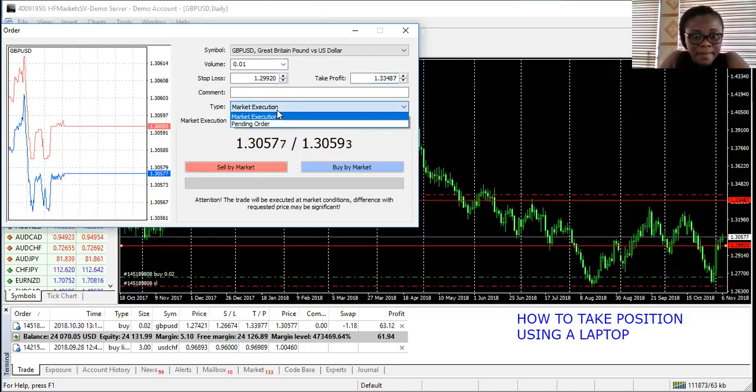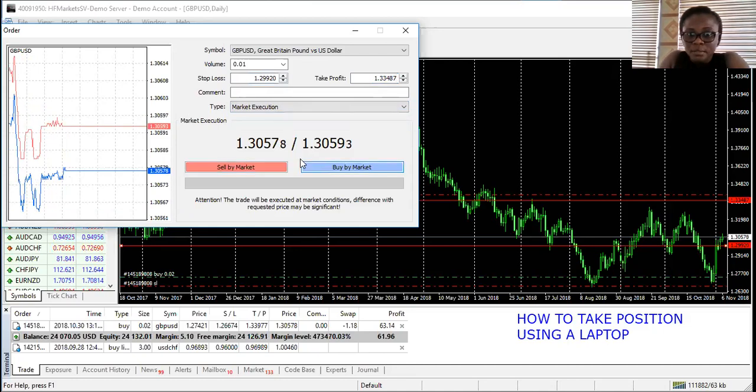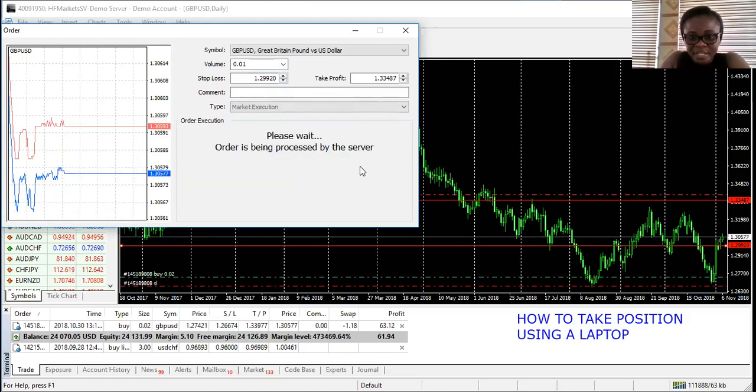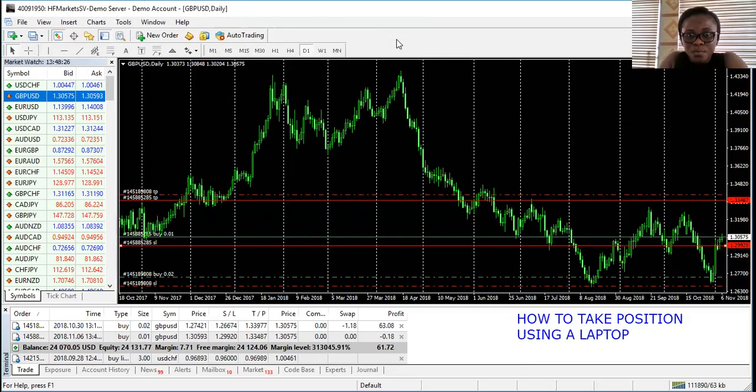So here we go. I'm choosing market execution. My lot size is 0.01. It doesn't matter the amount of equity I have, I'm using 0.01. And here we go, the buy. Since I'm buying, I'll be clicking on the buy. So here is my trade, and it is running.